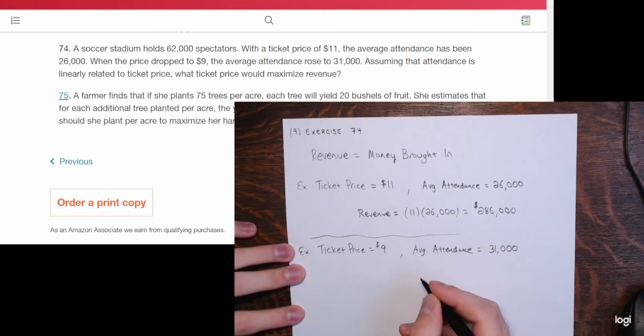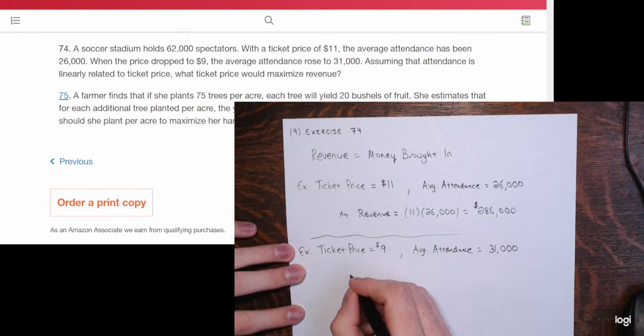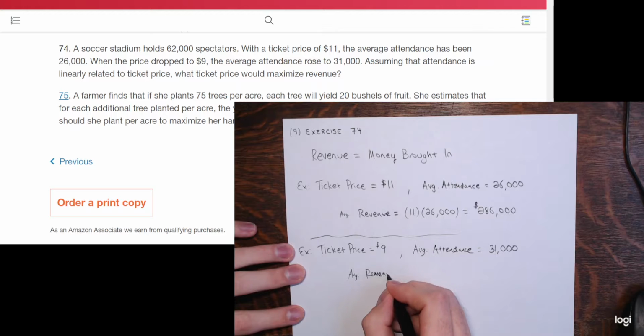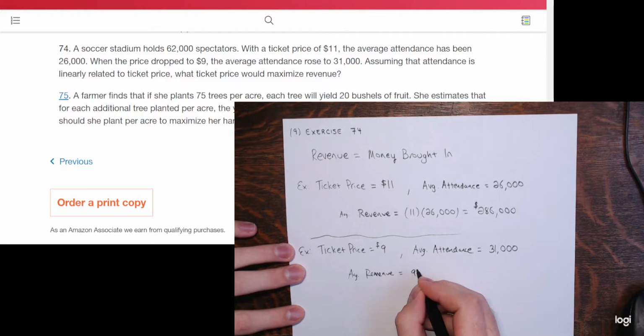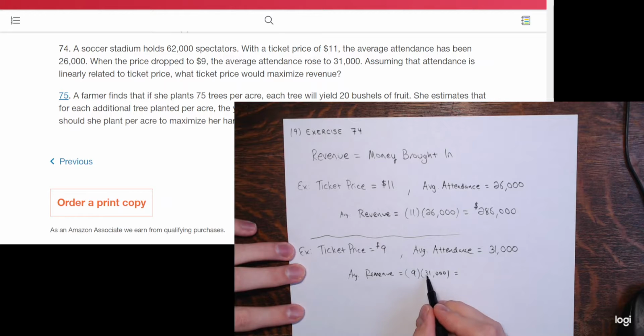So the average, I guess I should say the average revenue, right? So the average revenue brought in per game here when the ticket price is $9 is, you get $9 from each of these 31,000 people each game. So each game they're averaging 9 times 31 is 279, so $279,000.